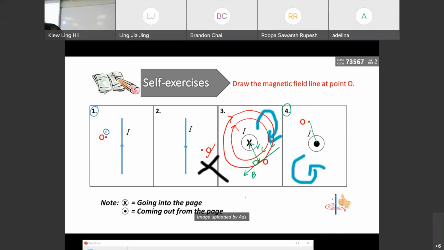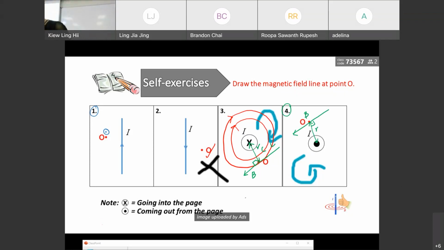Question 4 is also the same. Draw your R, then perpendicular to R. According to the right hand grip rule, coming out from the screen, so it is this. This will be your magnetic field. At a point, when it says magnetic field, if it asks you to draw a circle, then yes, you draw a circle. But if it is at a specific point, make sure only one line.